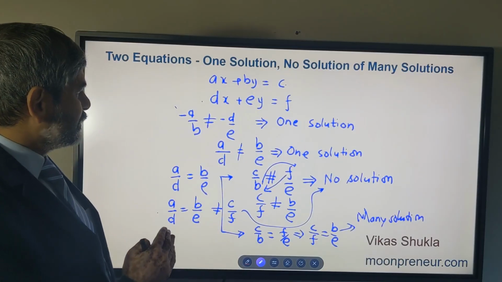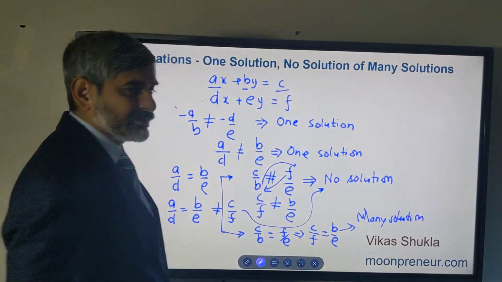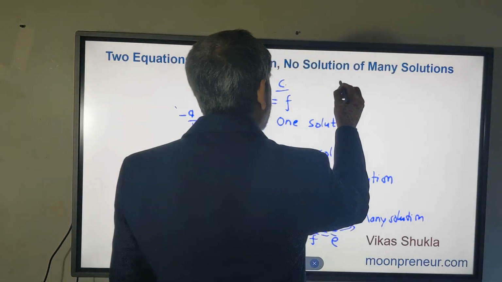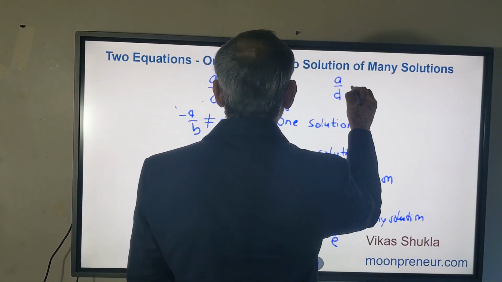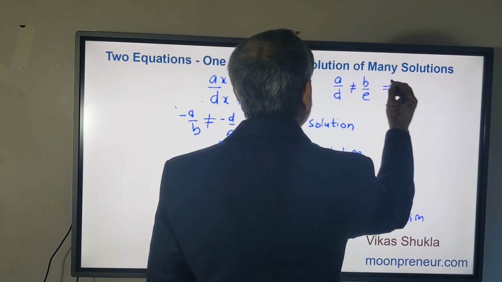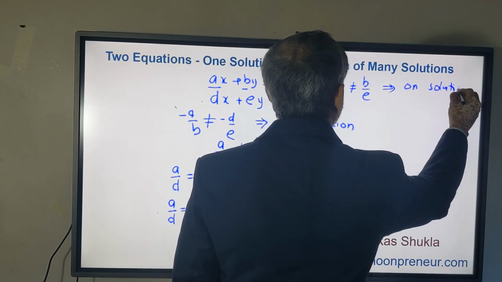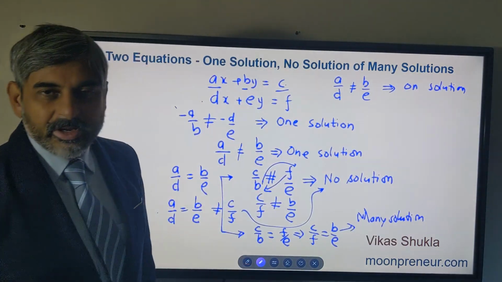So I will rewrite this in a cleaner form. You compare these three fractions. If a by d is not equal to b by e, we have one solution. Story finished.